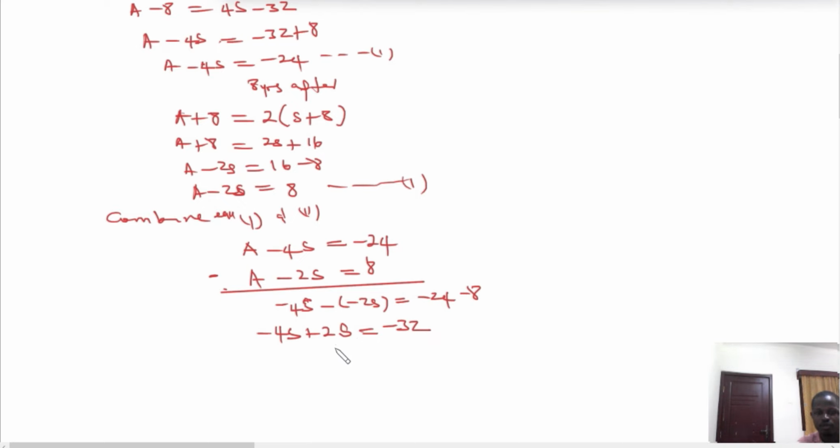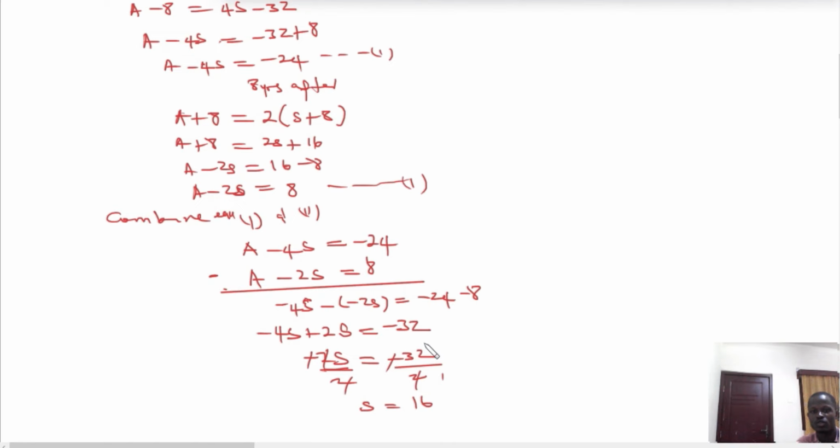We're going to have here negative 2S, bigger number carries the sign, is equal to minus 32. So minus here cancels minus. So we divide both sides by 2. 2 cancels 2. So S is equal to 16.